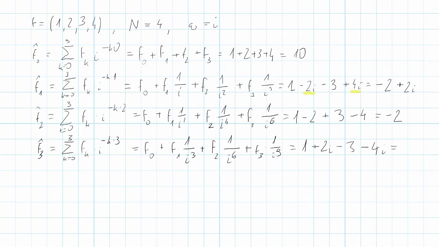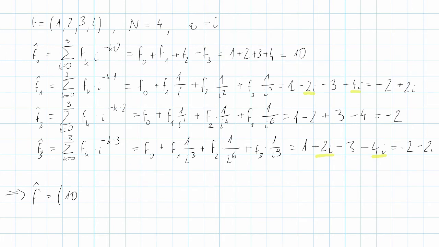So again we just collect the imaginary parts together and real parts together, and what we got is minus 2 minus 2i.